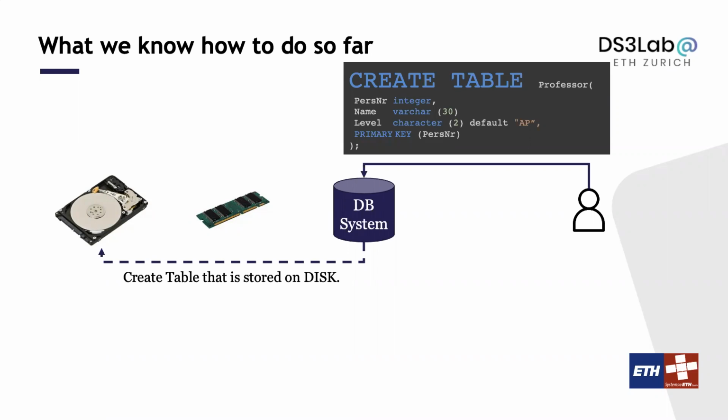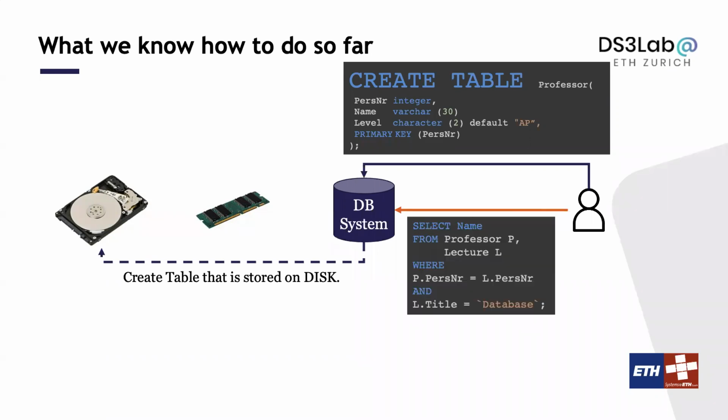Once your data is stored on the hard drive in the database system, you can query it. We talked about how to do it by writing a SQL query. If you write a SQL query, under the covers the database brings that information from the hard drive to the DRAM, and from DRAM to you as a user.